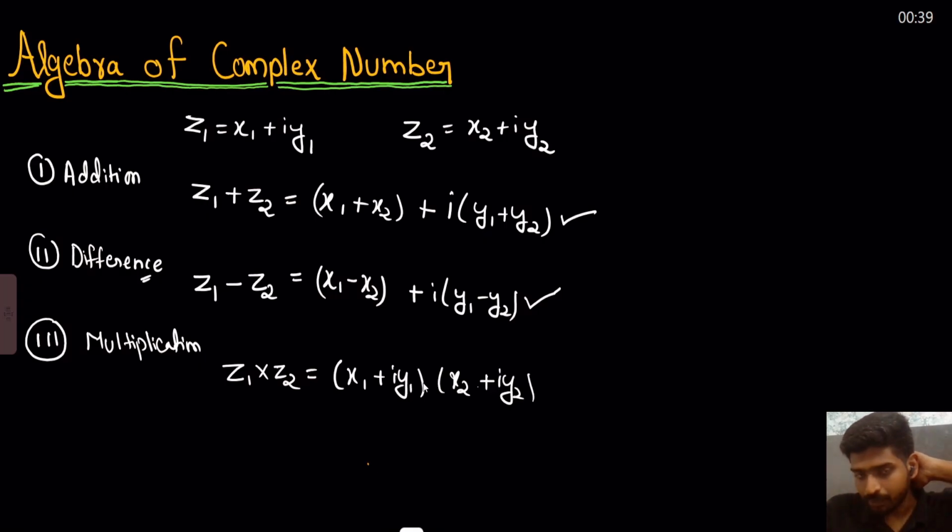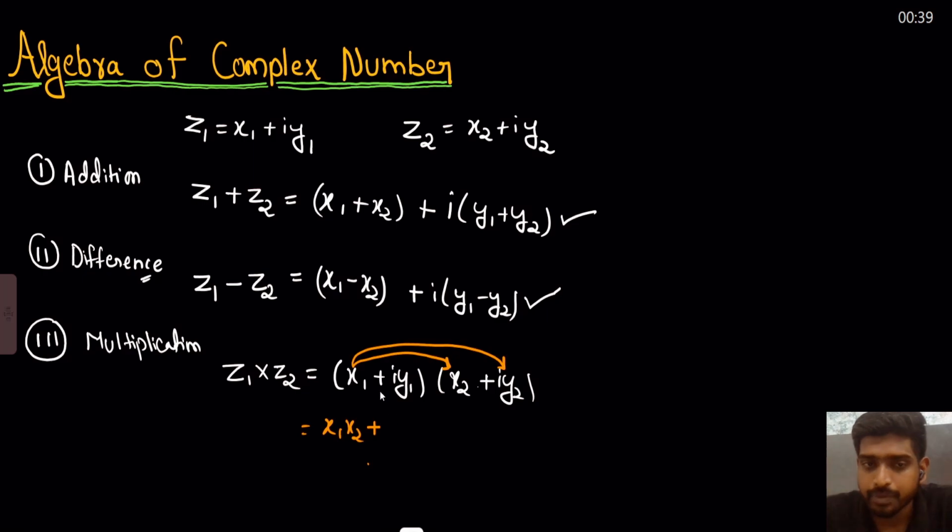When we multiply two polynomials, like that only we will multiply here. First, this x1 will multiply with x2, then this x1 will multiply with iota y2. So tell me what I'll get. X1 multiplied by x2 will be x1 into x2, plus x1 into iota y2 will be iota times x1 y2.